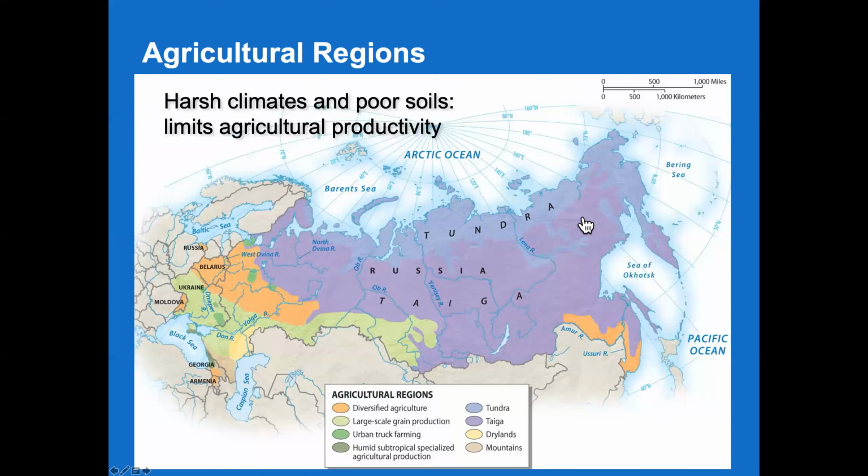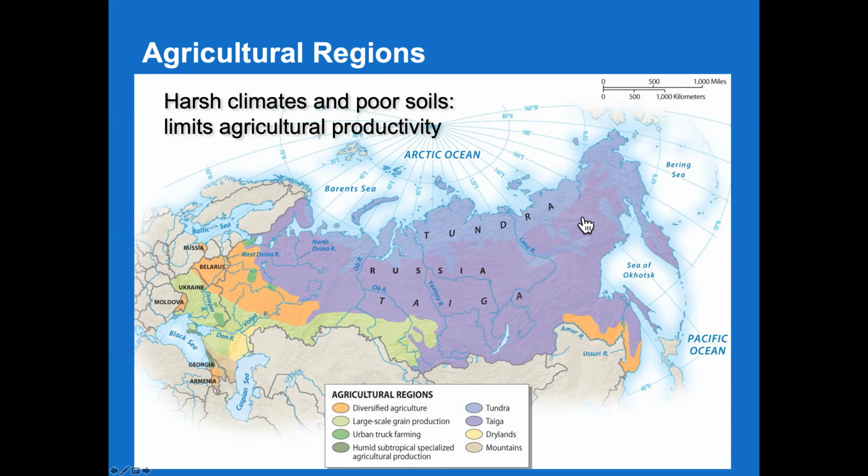Again, harsh climates limit the amount of productivity you can have. So essentially, the majority of agriculture takes place in that orange area and green area. So that's where you tend to find the majority of grain production and growth during the warm season. In the purple and blue, very little, if anything.